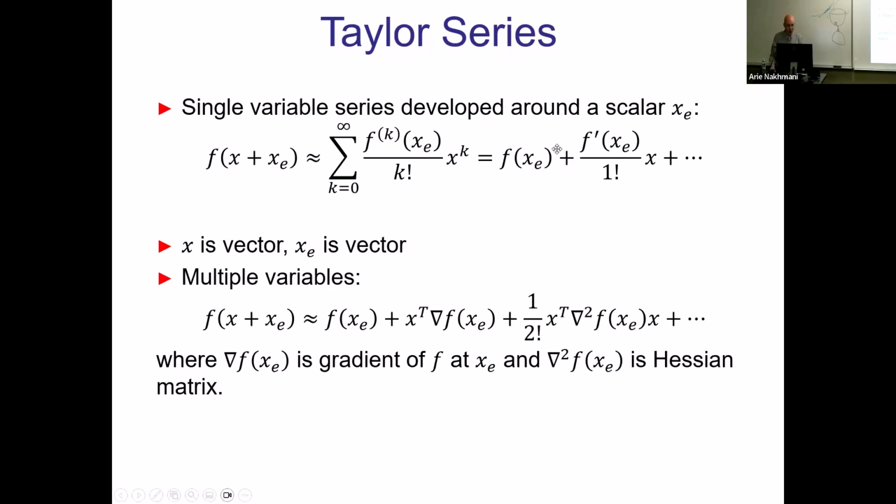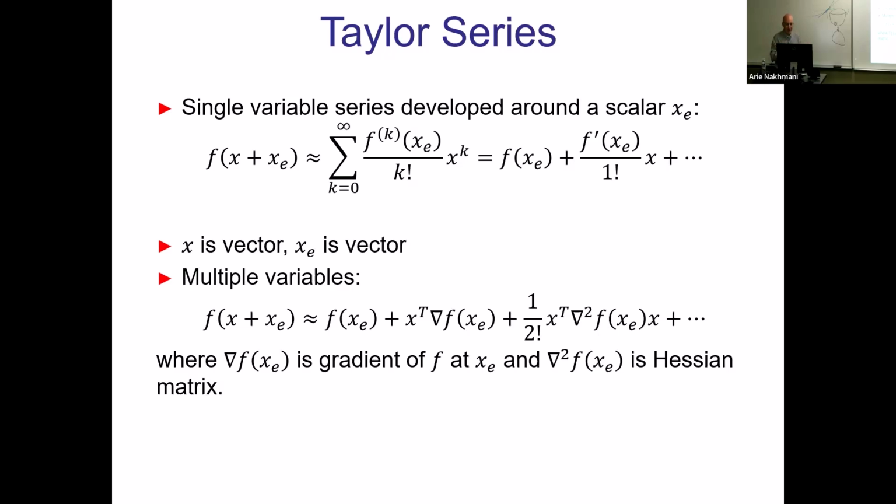Now, you have Taylor series, which you haven't probably learned in calculus courses, for multi-dimensional variables. So it works not only for scalar x, but it works for vector x of any kind.